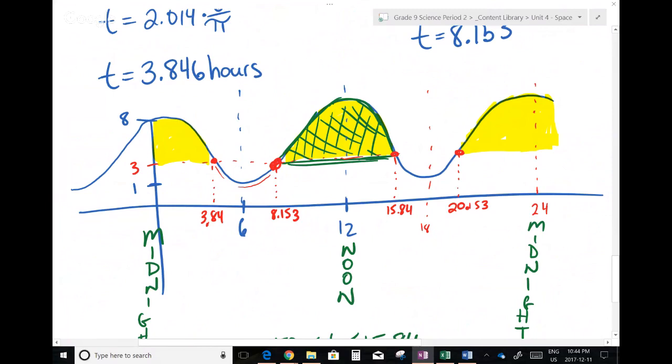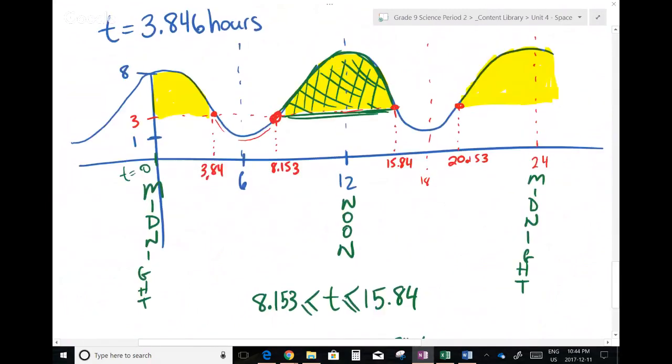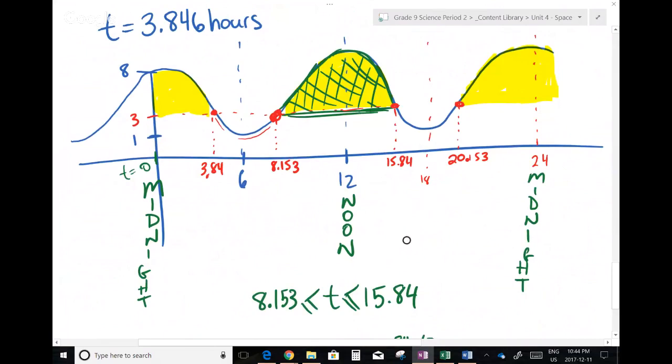If we assume that t equals 0 is midnight, then from midnight to 3 a.m., almost 4 a.m., it's above 3 meters, but it says daylight hours, and midnight to 3 a.m. is not daylight hours. We're going to ignore that as a solution. Then from 3 a.m. to 8 a.m., the tide is too low, and you wouldn't want to dive because it's below 3 meters.